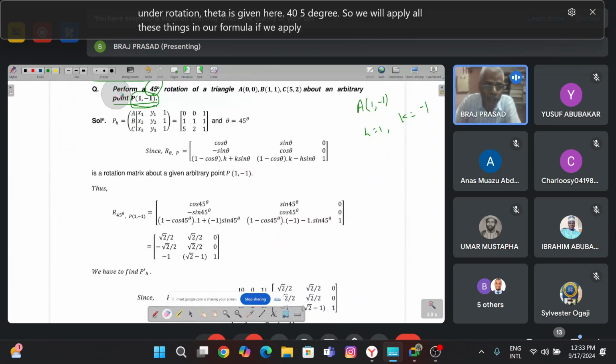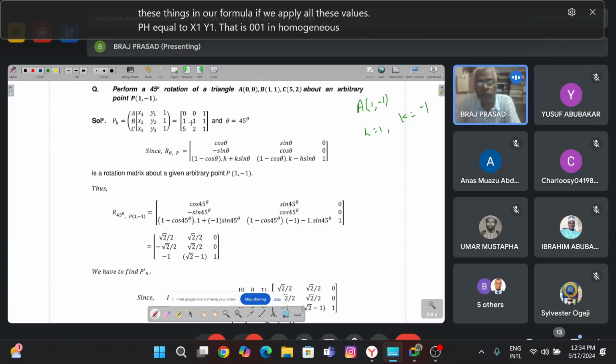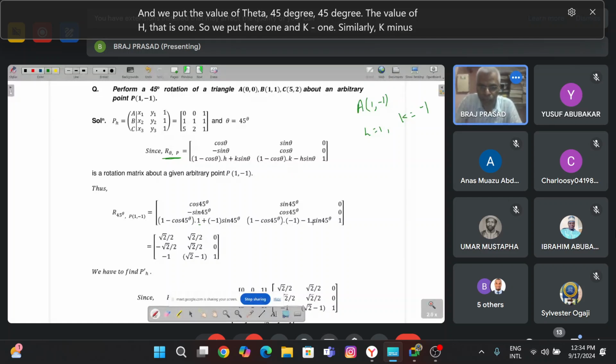If we apply all these values: Ph equals x1, y1, that is 0, 0, 1 in the homogeneous coordinate system, and theta equals 45 degrees, and we have to calculate R theta comma P, the rotation of an object by an angle theta about the point P. The formula for this is cos theta, which I have discussed earlier, and we put the value of theta as 45 degrees, the value of h, that is 1, and k as -1.